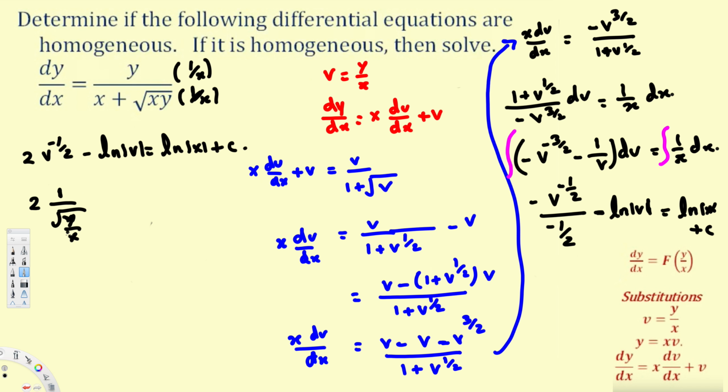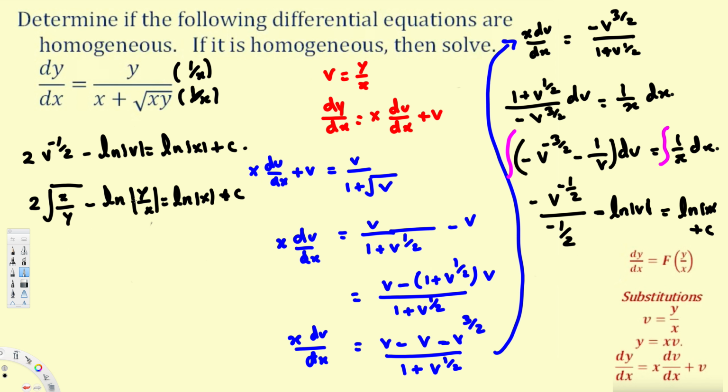This is the same as 2 square root of x over y, right? And here ln v is going to be equal to ln of y over x. And on the other side of the equation we just keep this one as ln x plus constant.